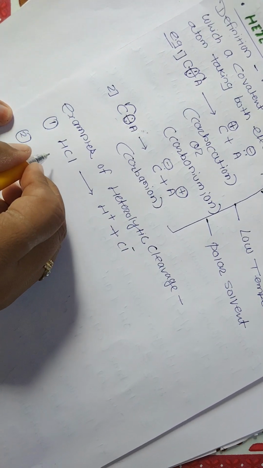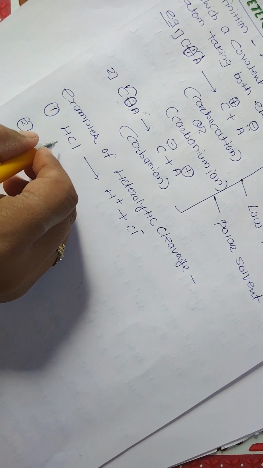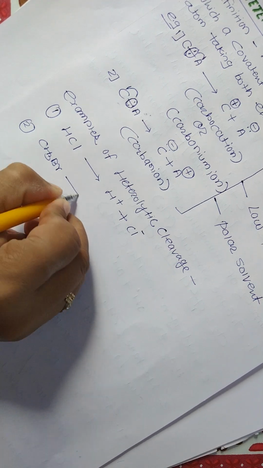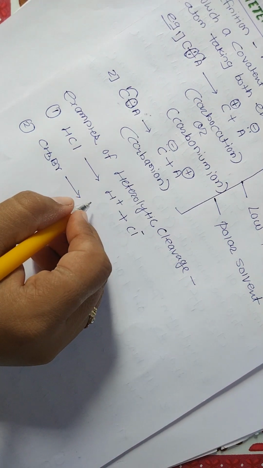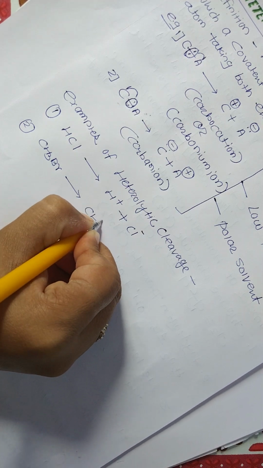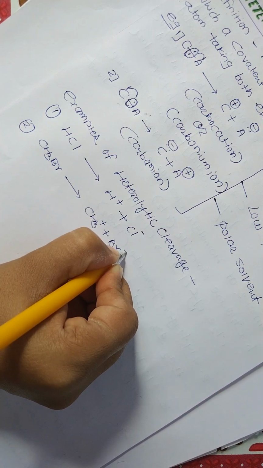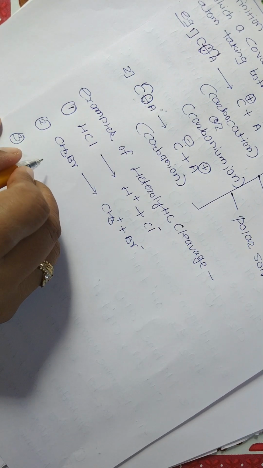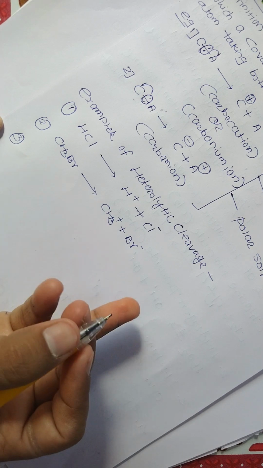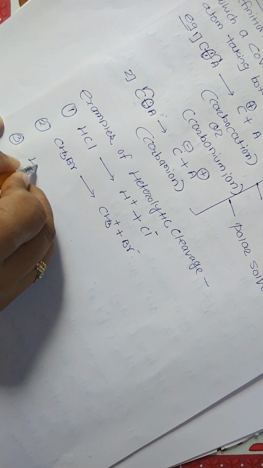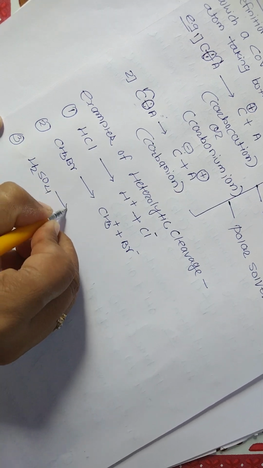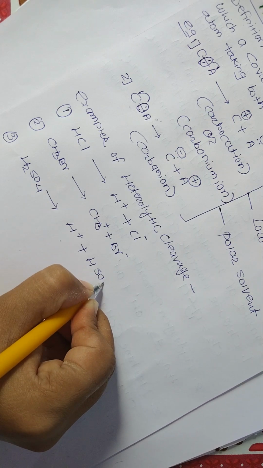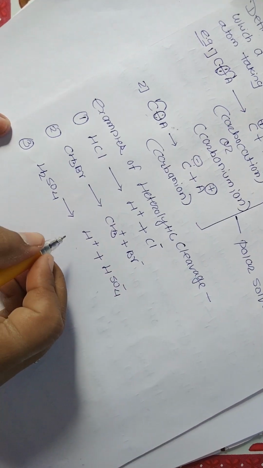Then another example is alkyl halide, CH3Br. In the presence of a polar solvent, what you will get, CH3 plus and Br minus, okay. Then the third example is sulfuric acid. In aqueous solution, H2SO4 gives H plus and HSO4 minus.